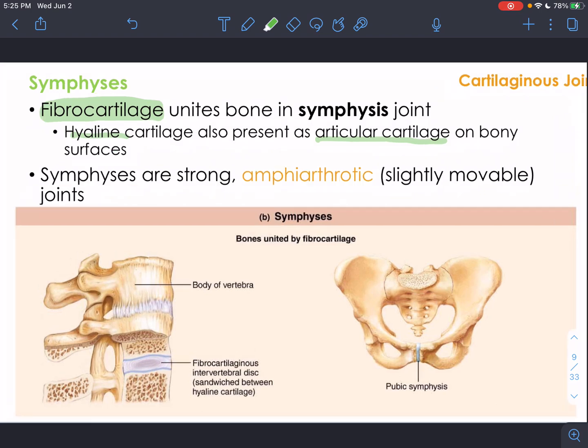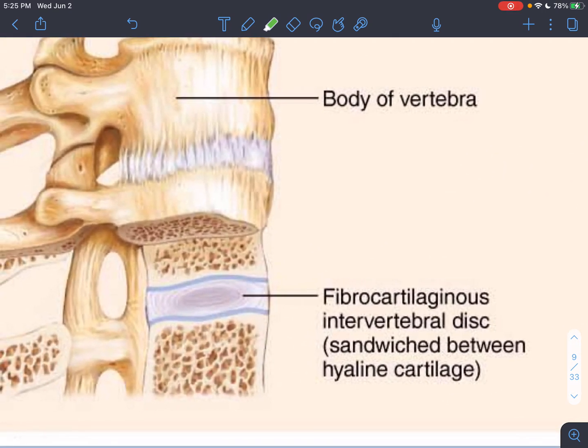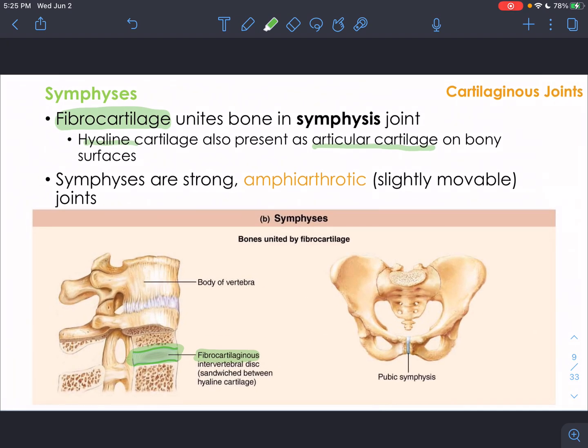So if we look, I'm going to zoom in right here. You would find articular cartilage right along the bone surface to help protect it. But the actual cartilage that's holding the bones together is always going to be fibrocartilage in a symphysis. Okay.